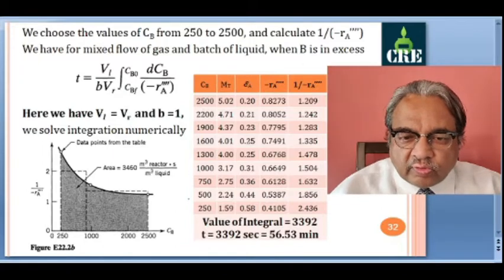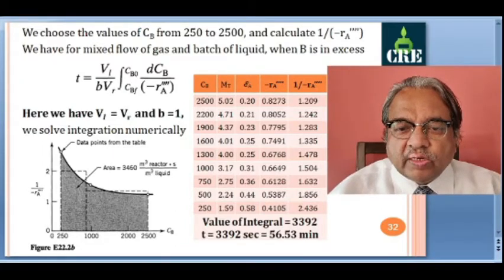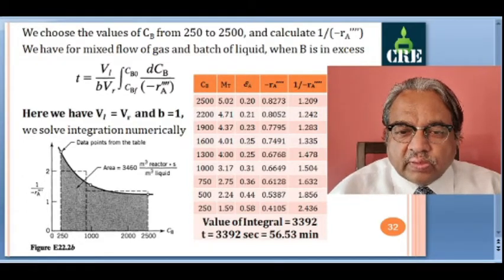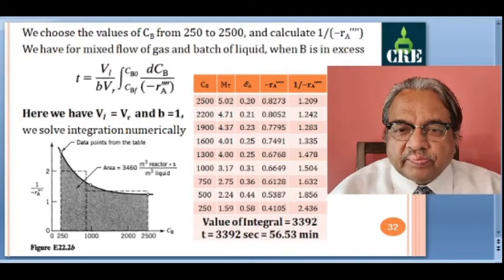So 2500 to 250 we have written here. MT values we have calculated, and you can see it is greater than 4 and also less than 4. So epsilon A we will use by tanh mt by mt and not by 1 by mt.